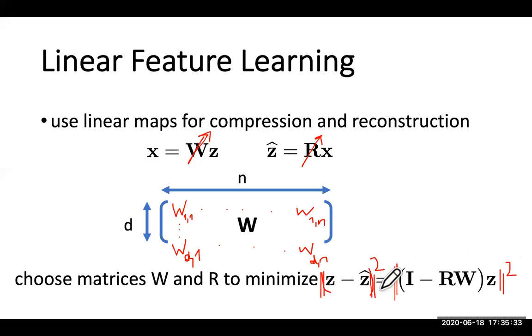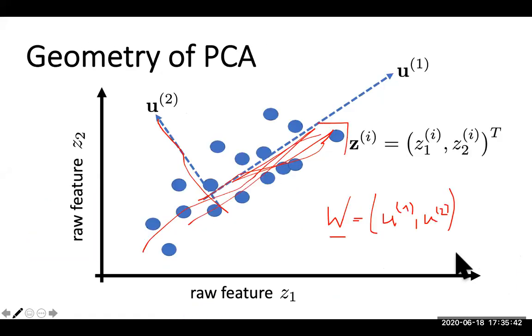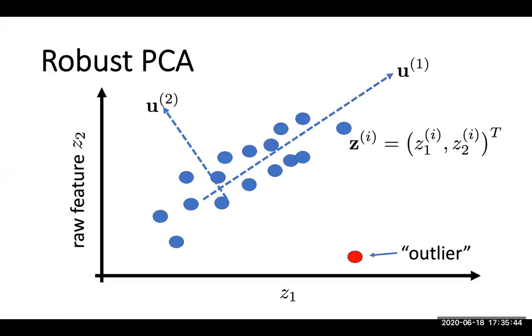But if we use another norm, we obtain linear feature learning methods different from PCA. And we will look at this now, which is called robust PCA. So robust PCA is beneficial when you know that you have some outliers. And it turns out you can make PCA robust by changing the loss function.